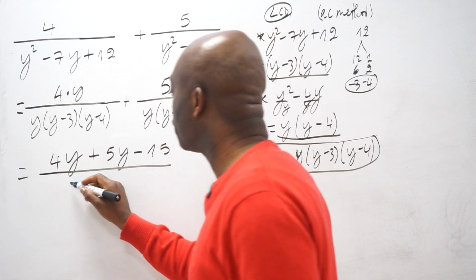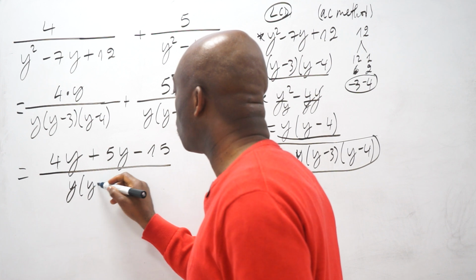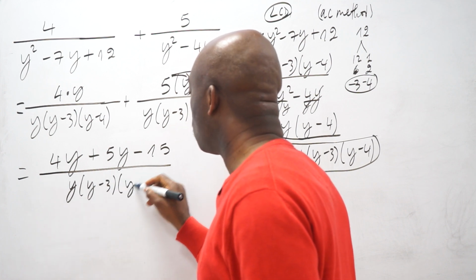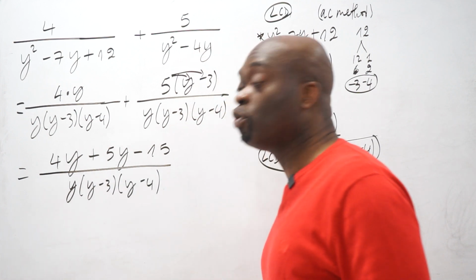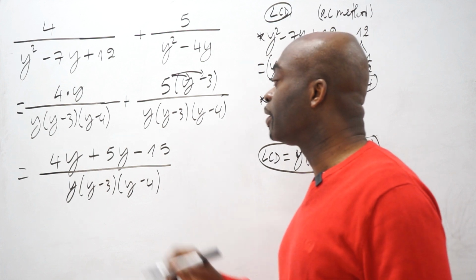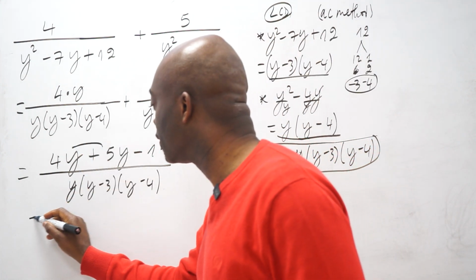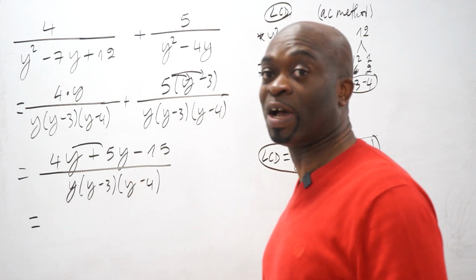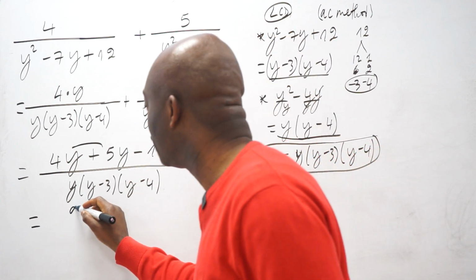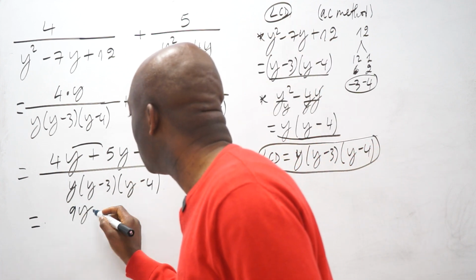And that is over y times y minus 3 times y minus 4. The next thing we want to do is see if there's anything to combine on the top. In this case, yes. 4y plus 5y is 9y, so you have 9y minus 15.